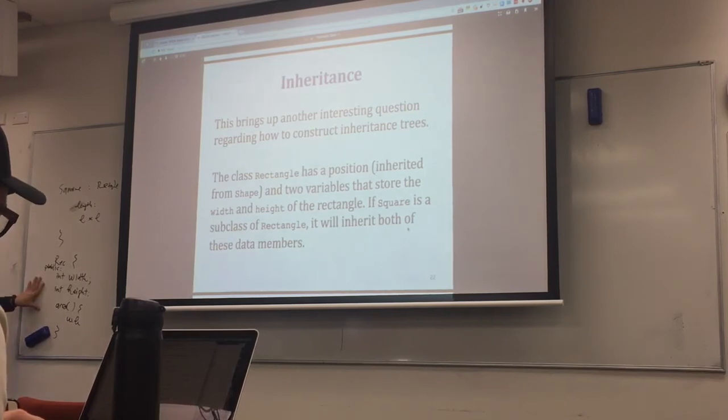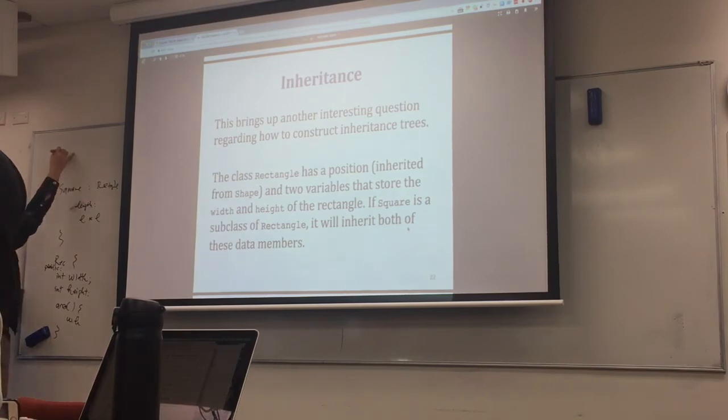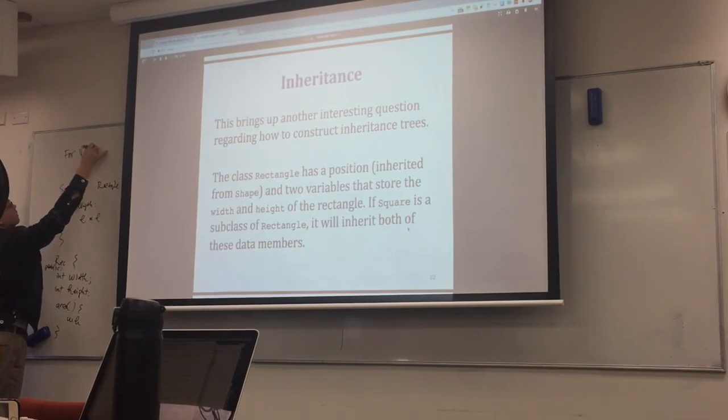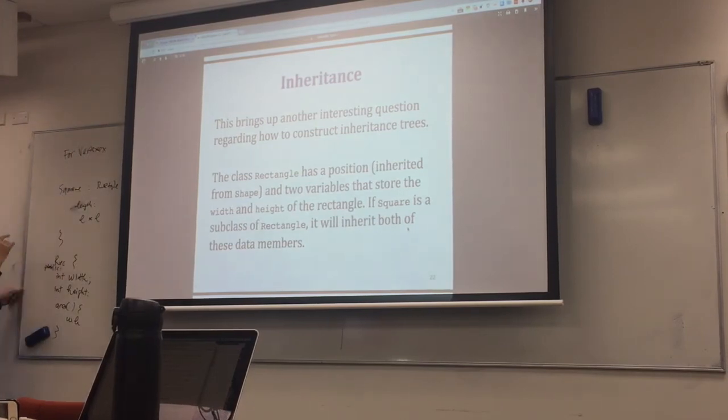The optimal solution for this would be to declare something like a four-vertices interface. Right? A square is a four-vertices shape. A rectangle is also a four-vertices shape. And then you declare all of these functions in here.